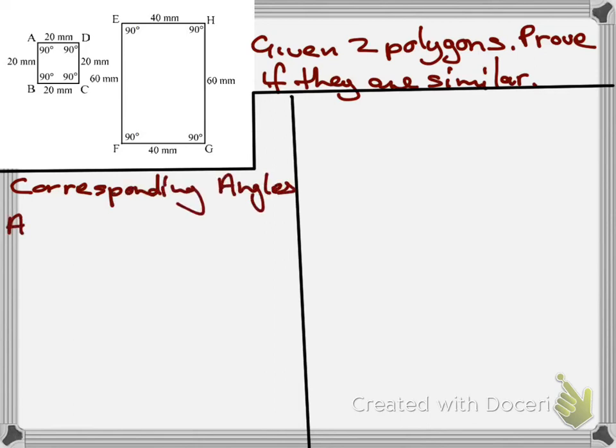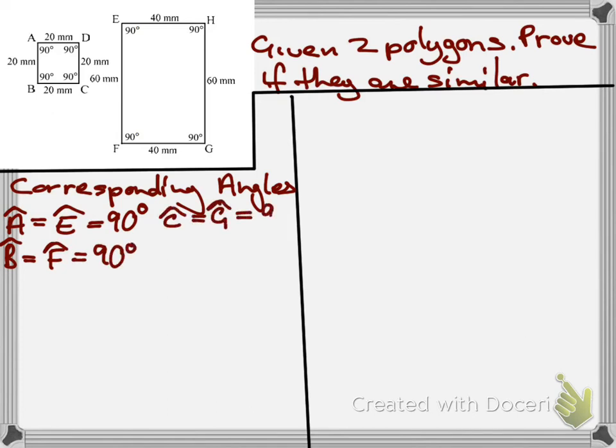We can see that angle A is equal to angle E. They are correspondingly equal. Angle B is equal to angle F, correspondingly equal. Angle C is equal to angle G, correspondingly equal. Angle D is equal to angle H. They are correspondingly equal.